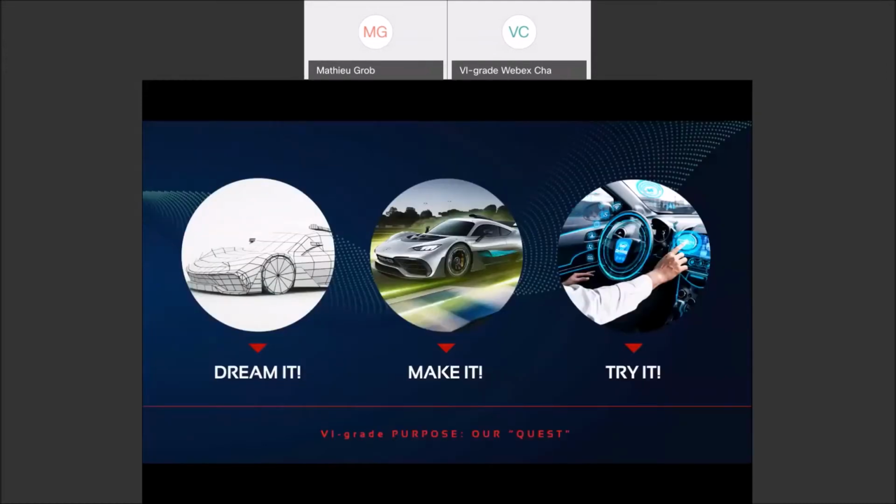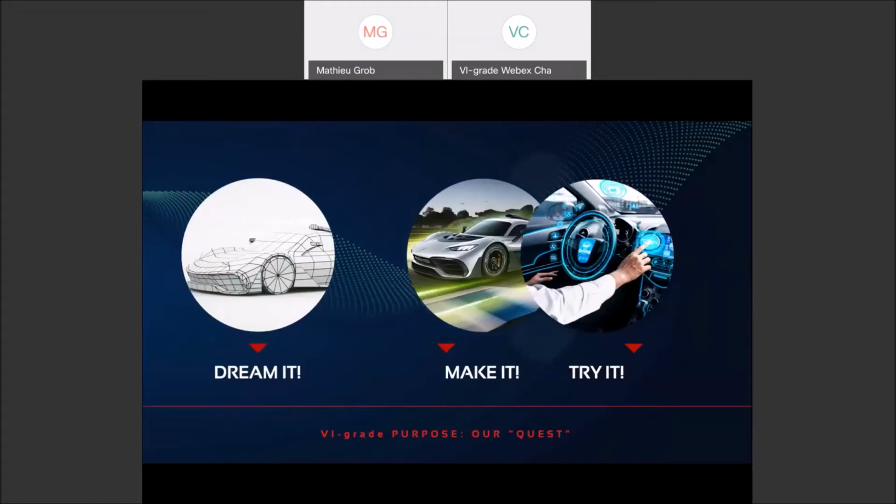So a quick introduction about our quest at ViaGrade. Until now, the standard way of developing new products was to dream it, to have CAD designing and prototype designing virtually, then to make a physical prototype, to try it, and to reloop on this prototype to refine the solution.